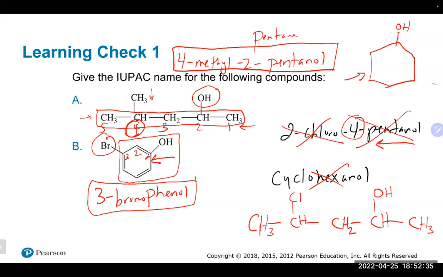Because I was drawing the 2-chloro-4-pentanol, I could have numbered left to right like I did, or I could have gone right to left, which would be perfectly fine. In the case of A, since the structure was already given to us, we have to number whichever way will give the OH group the smaller number. So we're locked in, because it was actually drawn for us, it has to go right to left in that case. Other questions?